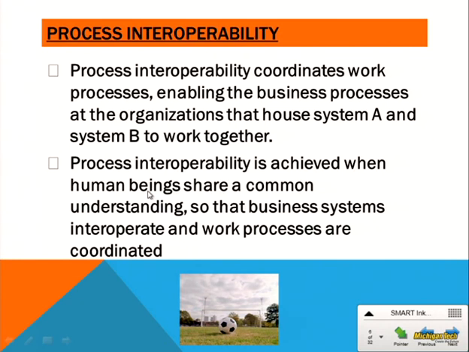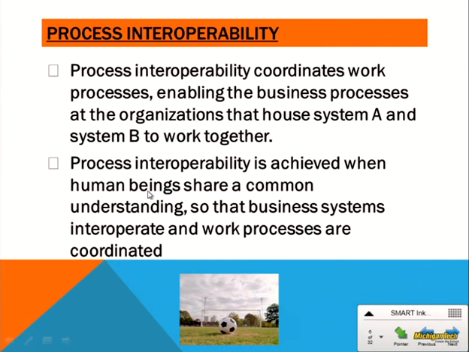Okay, so you understand the whole three levels. The process interoperability, you can say, is based on the semantic interoperability. The semantic interoperability is based on the technical interoperability. If there is no technical interoperability, you cannot move the data from A to B. So semantic interoperability does not exist, because it's based on technique.